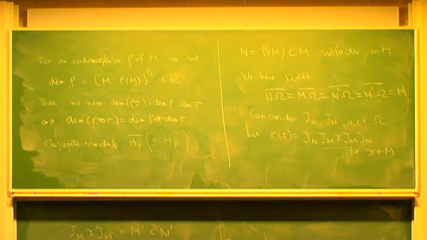Then we define rho bar as rho inverse composed with gamma. Because gamma of x is in N, which is the range of rho on M, we can apply rho inverse.